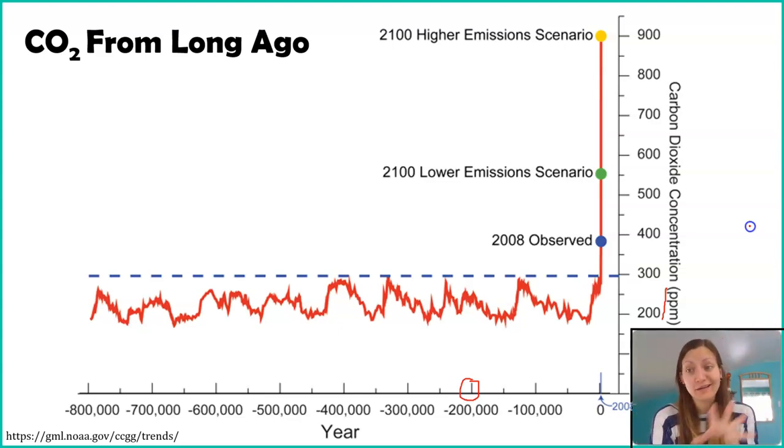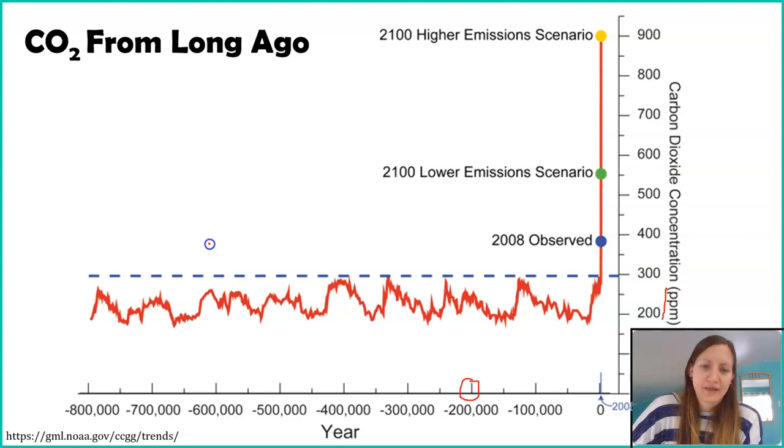Now, that doesn't sound like a lot. And I guess in the grand scheme of things, 200 out of 1,000,000 isn't a lot. But if you watched an earlier video about the greenhouse effect, we don't need a lot. We don't need a lot of carbon dioxide to get adequate levels of warming to keep us warm enough here on Earth. So go watch that video if you need some more background on that.